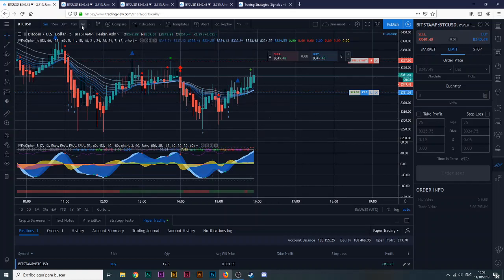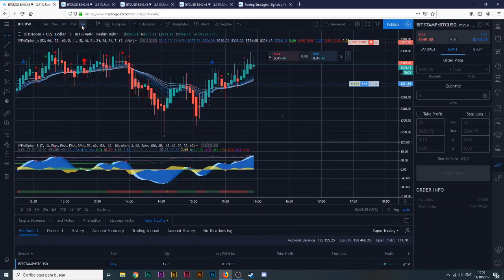Look at the 3-minute chart. Cash flow is still positive.